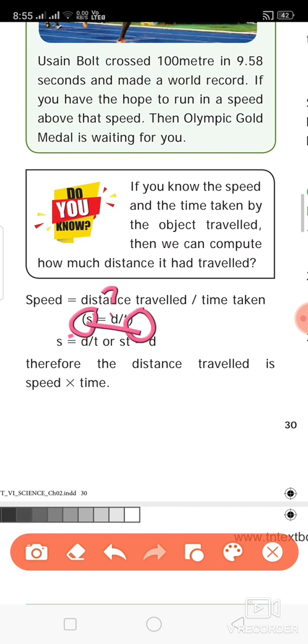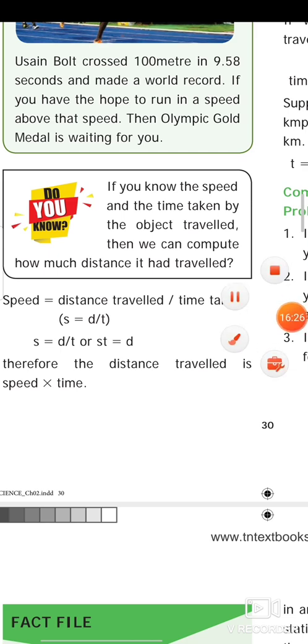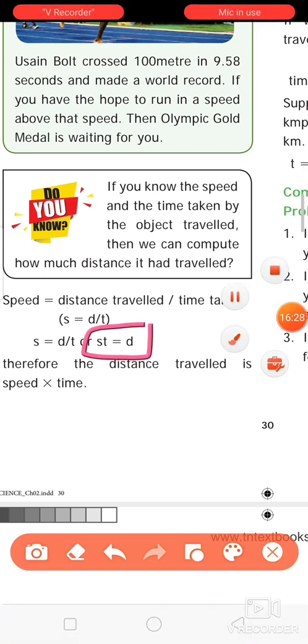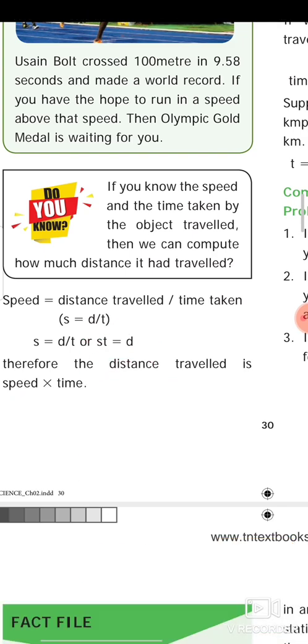Cross multiply this. So if you cross multiply, S t is equal to d. D is distance, S is speed. Speed is given and time is given. So speed into time gives you the distance traveled.